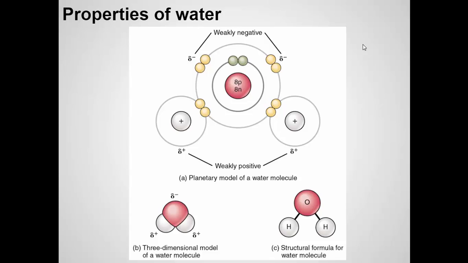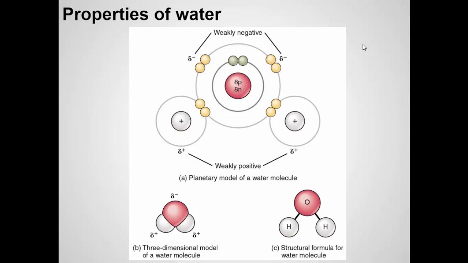All right. So yesterday you read about water a little bit. So water is extremely important to life on Earth, obviously, and it has some unique properties that are really important. So you learned yesterday that water is a polar molecule.